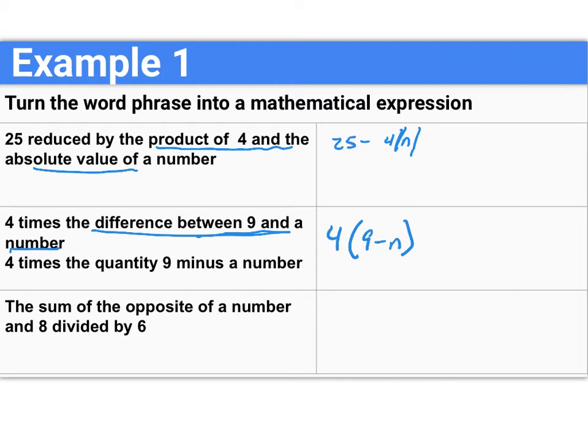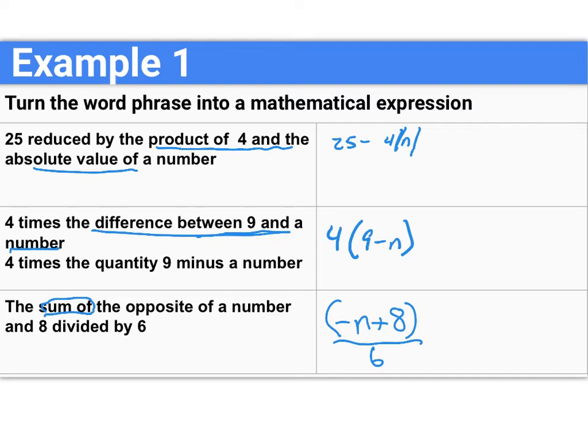So let's look at the sum of. When you see the sum of and all of these kinds of words, you know you're going to be dealing with parentheses. The opposite of a number is negative a number and 8. The sum of, that all goes in parentheses, divided by 6.